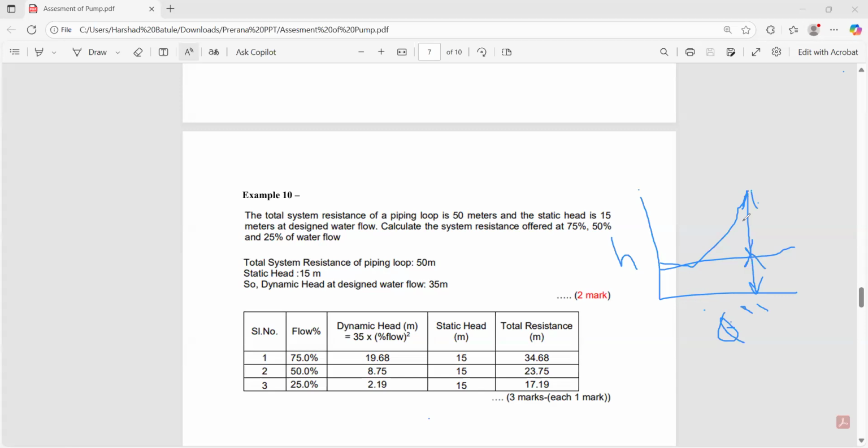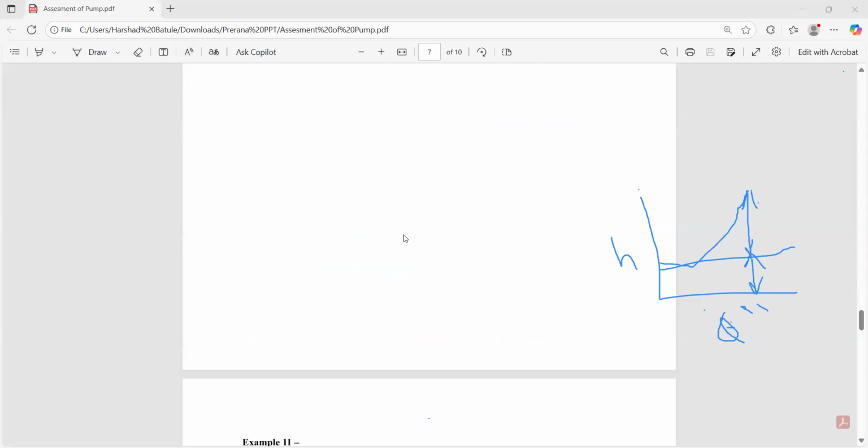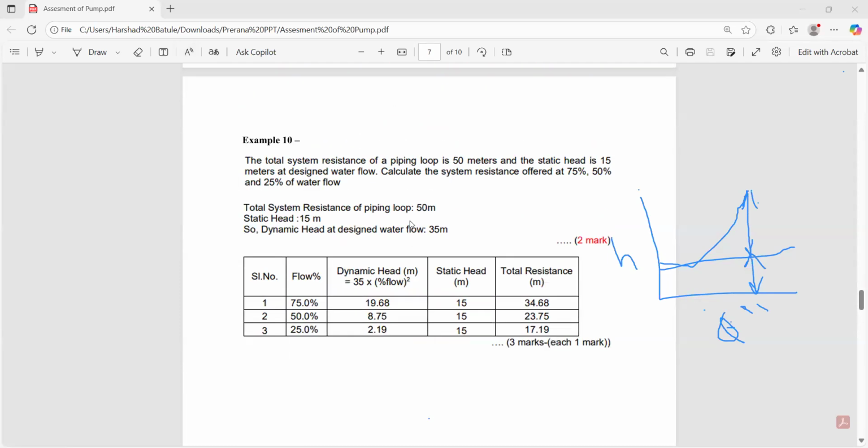Static head is constant. You are not changing the height of the building. So only changes in the dynamic head, right? Got it? Okay. So dynamic head is 35. Yeah, 35 meters. So we are multiplying the square starting.